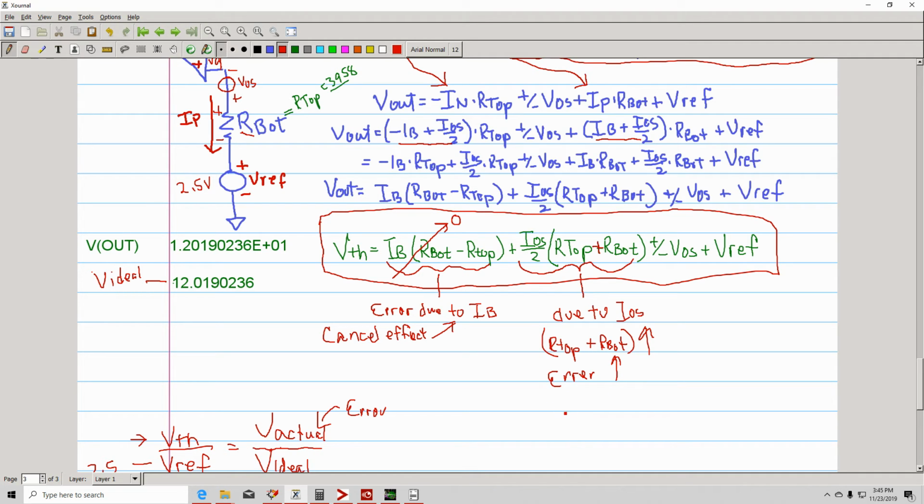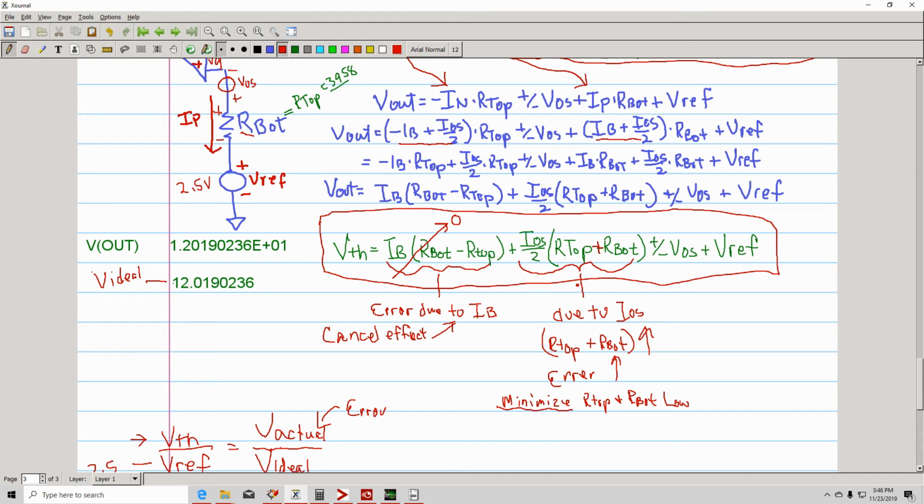So to minimize the errors, you make R top and R bot low, or you lower them as low as possible. Okay, so that's how you minimize it. Try to use low impedance resistance or impedance around your op amp.